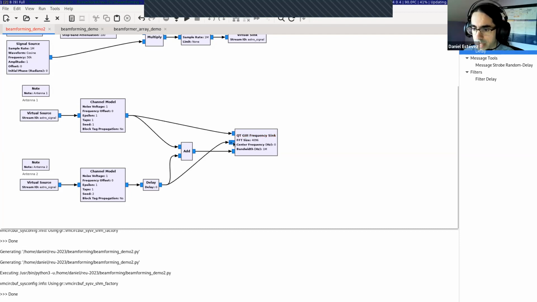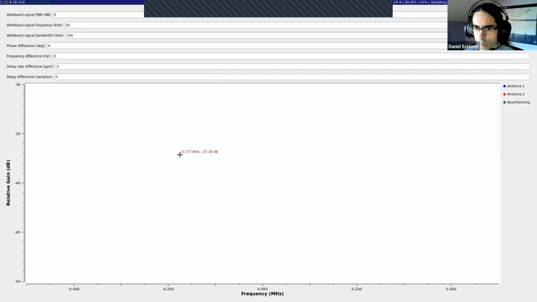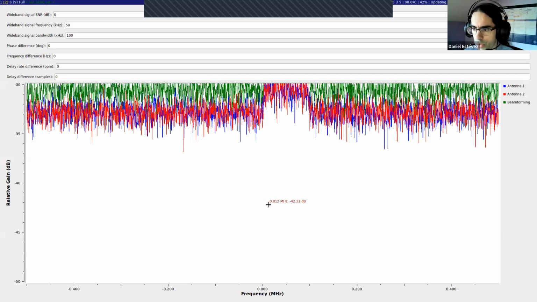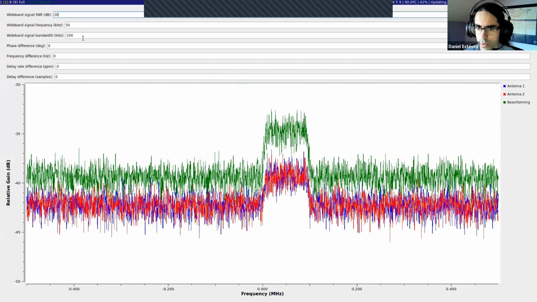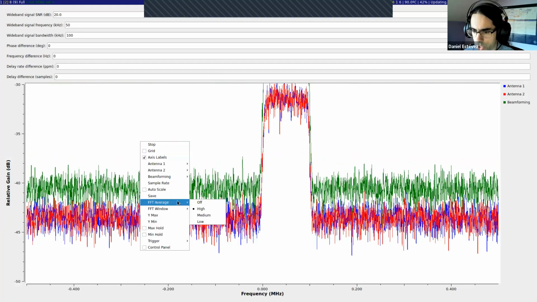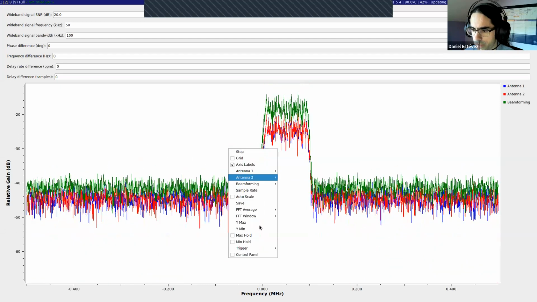And let's try to see what happens if we still insist on adding these two signals together, even though we know that we need to apply some corrections. So what happens is maybe I'm going to make the signal to noise ratio larger, and I don't need that much averaging.